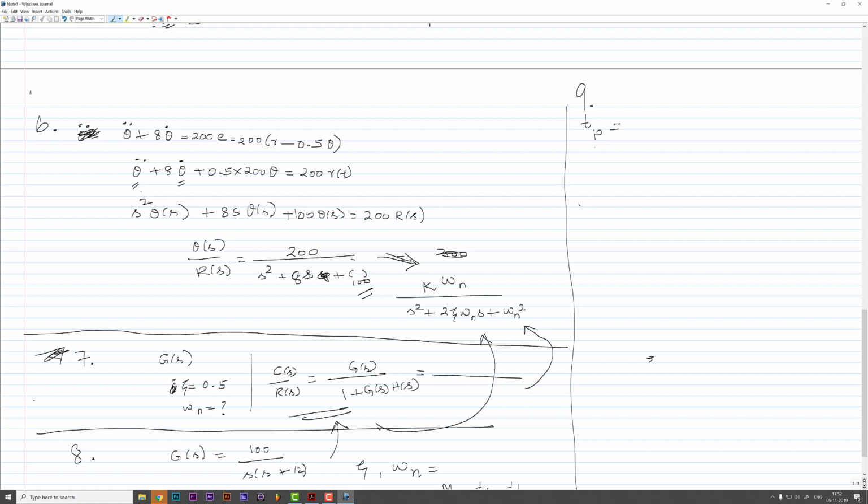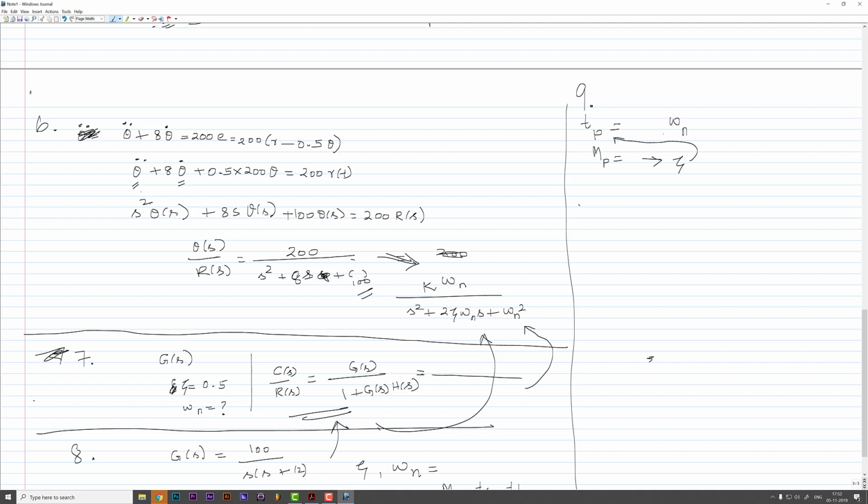and MP is also given. Use the expression of MP to find zeta, then use this in the expression of Tp to get omega n.